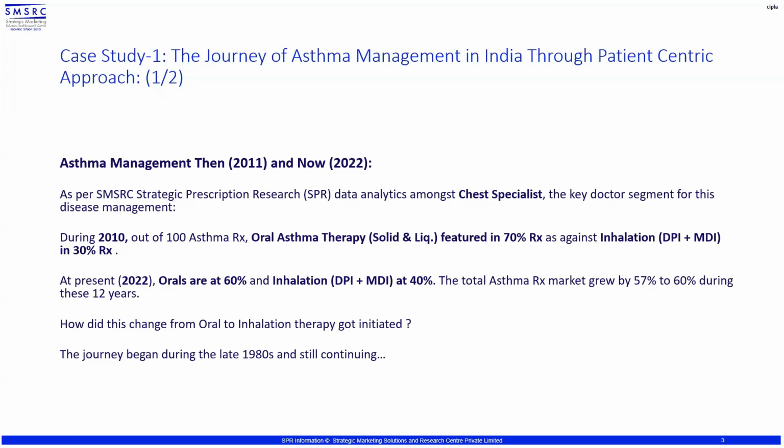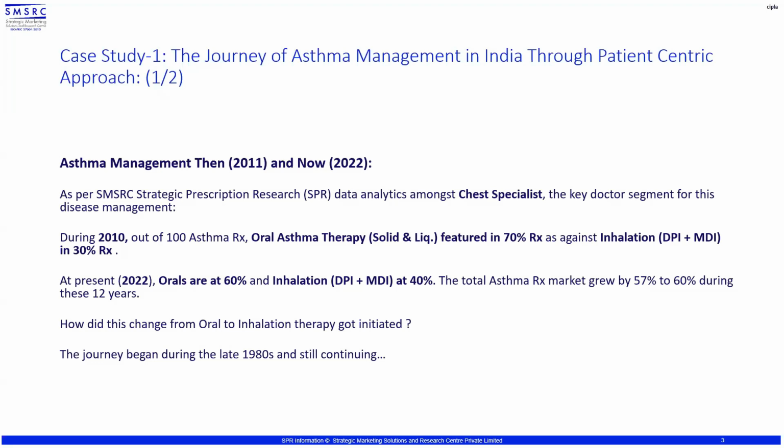And now, 2022, as per SMSRC strategic prescription research data, as we call it in short form, SPR data analytics, amongst chest specialists, the key doctor segment for this disease management, which is asthma, during 2010 or 11, out of 100 asthma prescriptions collected on our panel, oral asthma therapy, which includes solids and liquids, featured in 70% RX as against inhalation, which is dry powder inhalation and metered dose inhalation put together, which were only on 30% prescriptions.